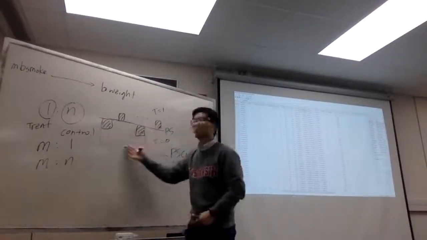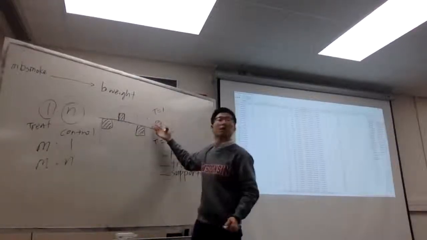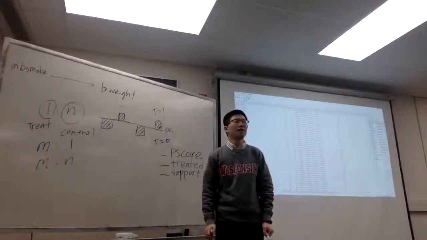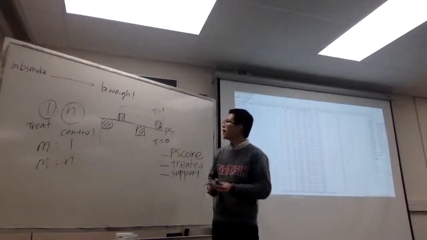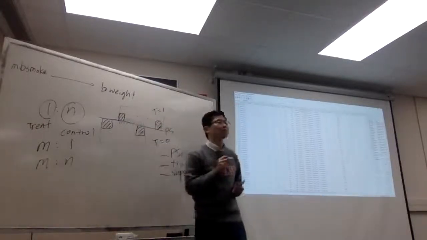This range is the support for the control group, and this range is the support for the treatment group. For these observations, they're called common support.